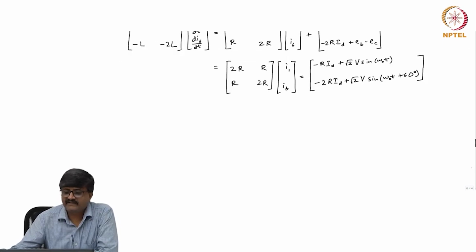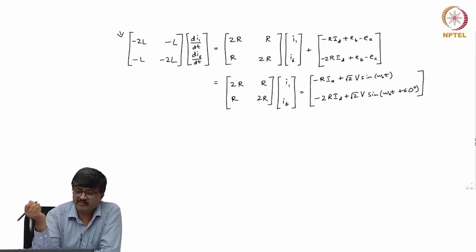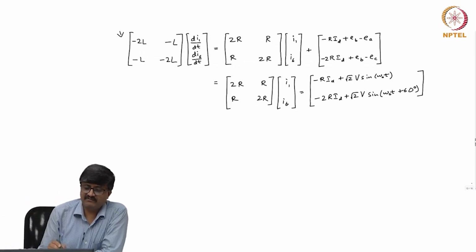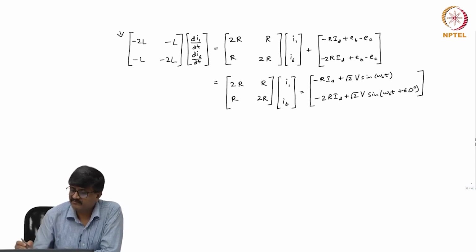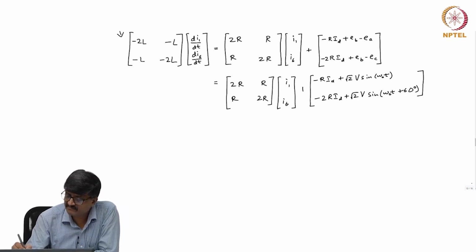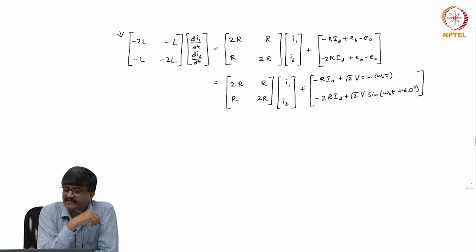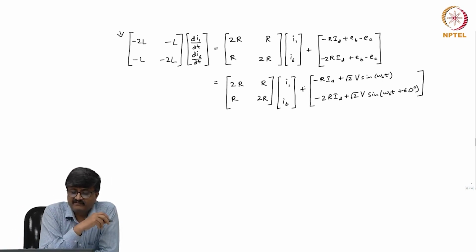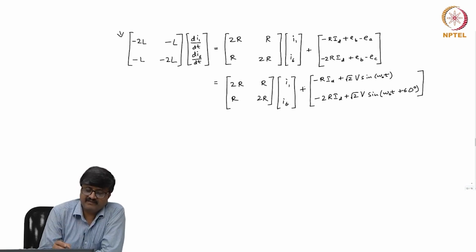So from this I can get A1 and U1. What I need to do is pre-multiply, I am sorry, I made a mistake here, this is plus. I have to pre-multiply both sides of the equation by the inverse of this square matrix, which is appearing on the left hand side.